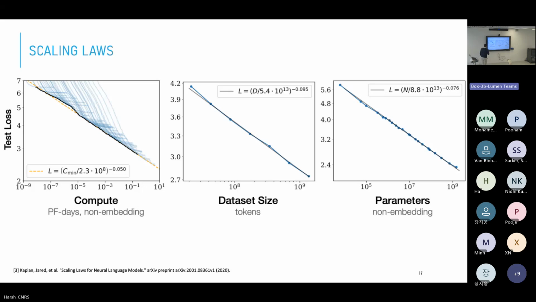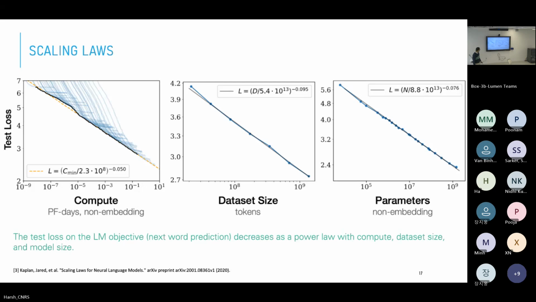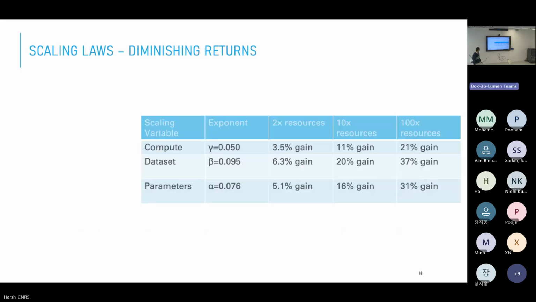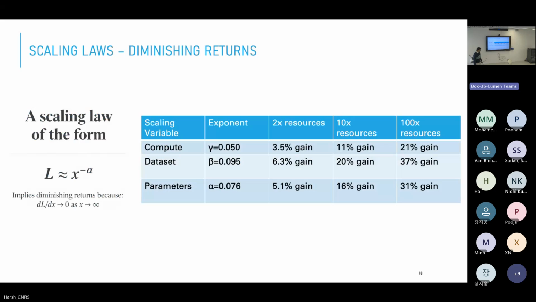An example is given here for the classical computing case, where the loss, which you want to minimize, scales with compute with a certain power law, and scales with the data size and the number of parameters for a particular problem that you want to do. In this case, it was about predicting the next word. So why are scaling laws important?